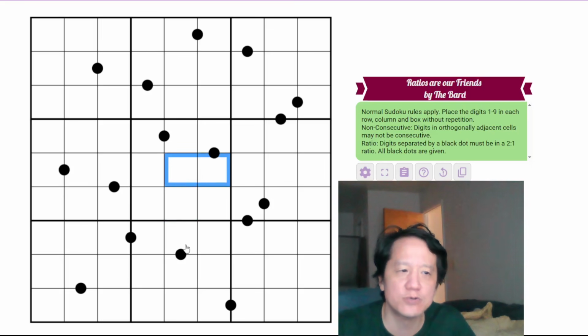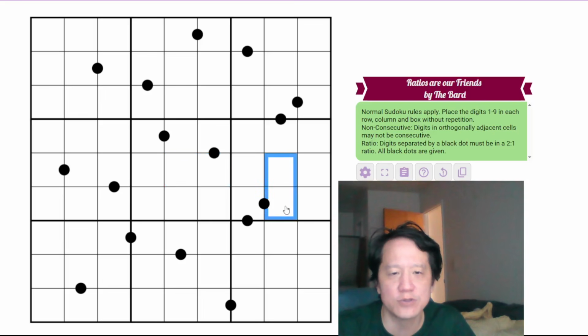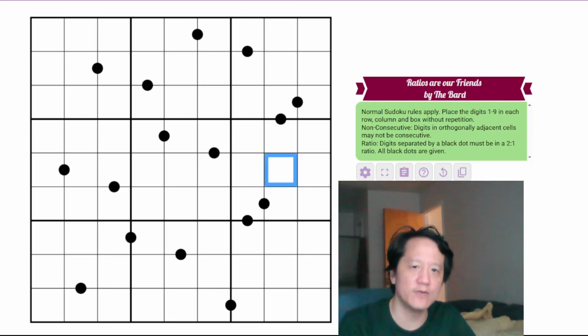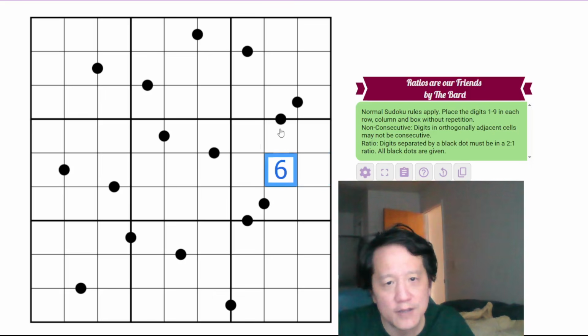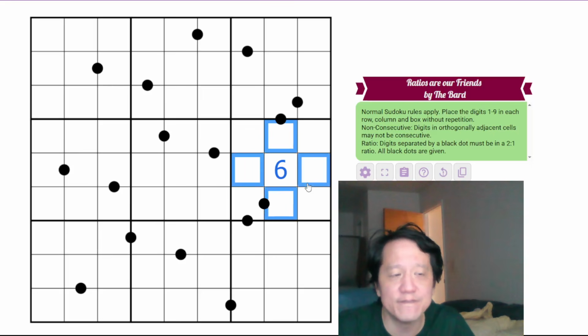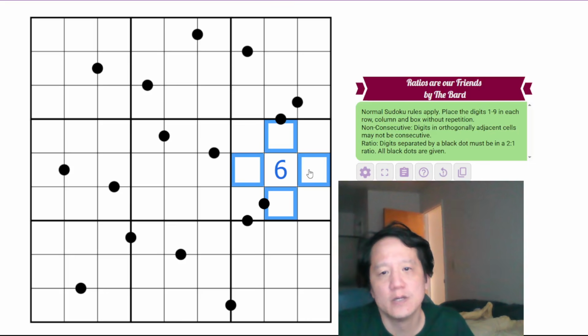So these are two orthogonally adjacent cells, these are two orthogonally adjacent cells, etc. If you had a 6 here, these digits could not be 5 or 7 because they share an edge with the 6 and they cannot be consecutive because of the non-consecutive rule set. That's an example of how non-consecutive works.